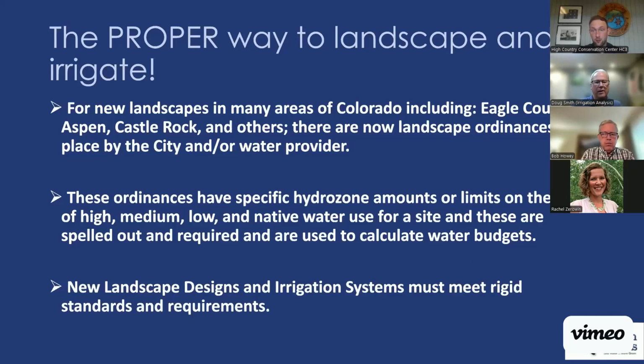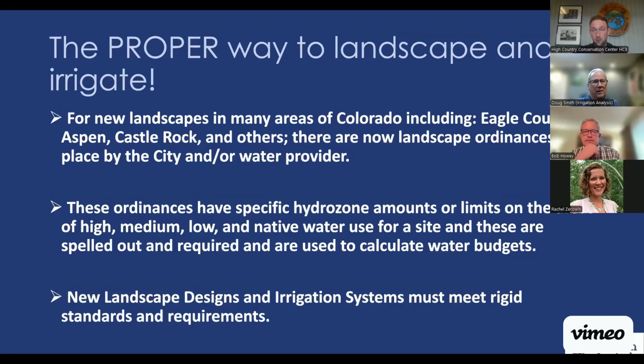So that is kind of a checklist, a check mark for a lot of the water providers. A lot of the municipalities have people on staff that will review plans to make sure that the hydrozones are separated and so forth, because it's so important for water conservation.